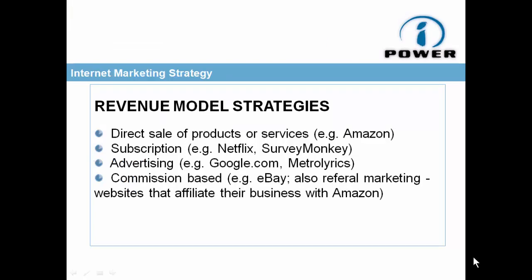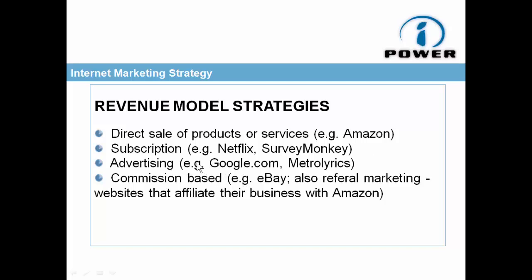And there is one more set of strategic decisions. This one applies to revenue model strategies. In other words, where is the money going to come from? Maybe it's from direct sale of your products and services like Amazon, or through subscription. Companies like Netflix, SurveyMonkey and iContact charge on a monthly basis, and that's really a new internet revenue model.